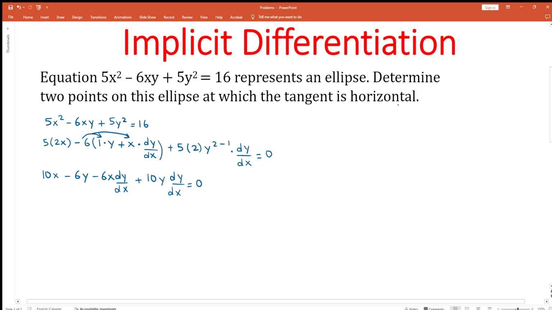Next, we can move the terms 10x and negative 6y to the right side of the equation. That will change their signs. We keep the dy over dx terms on the left side of the equation.